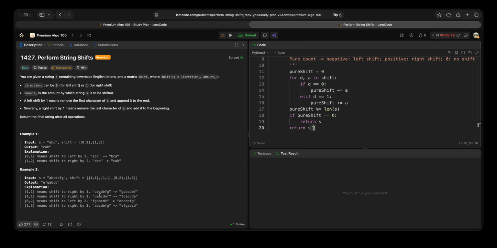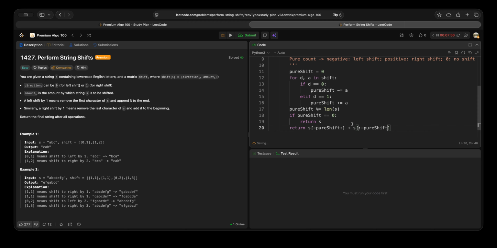So that means we need to start the string from the right side, right? So how do you start a string from the right side? It becomes negative pure shift, and concatenate it with the original string, starting from the left up to pure shift.